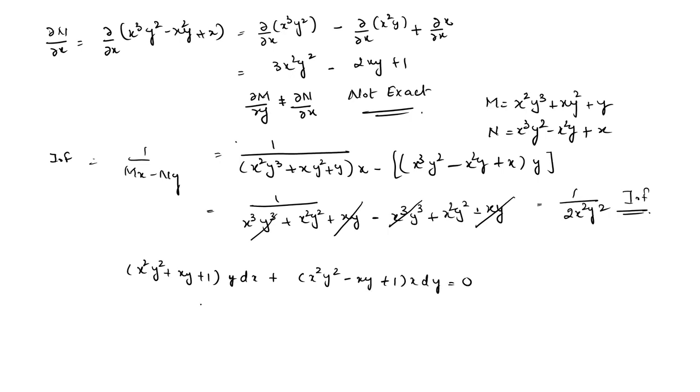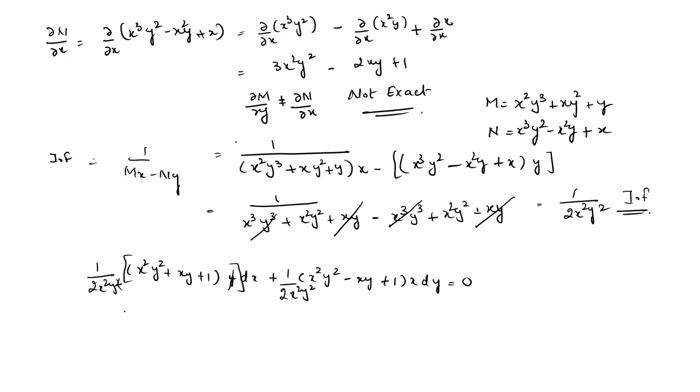So we will multiply this integrating factor with our equation, that is 1 by 2x square y square. Now have a look, this can be cancelled out.